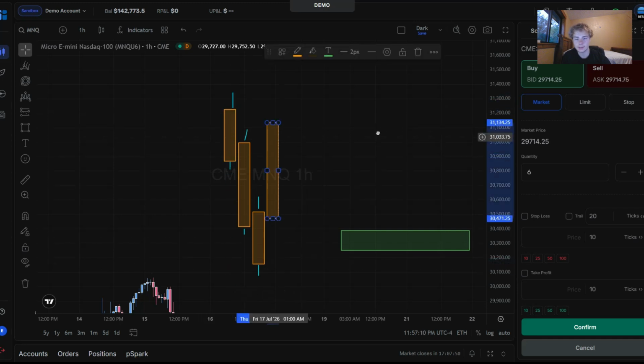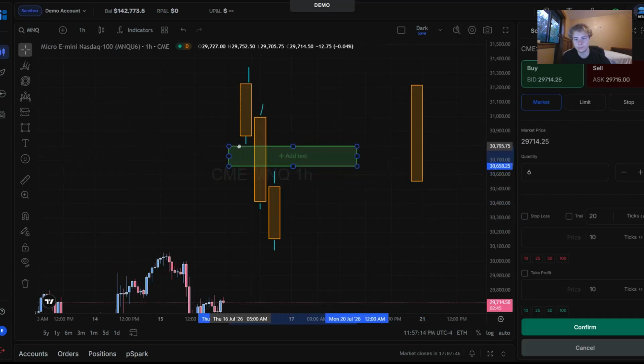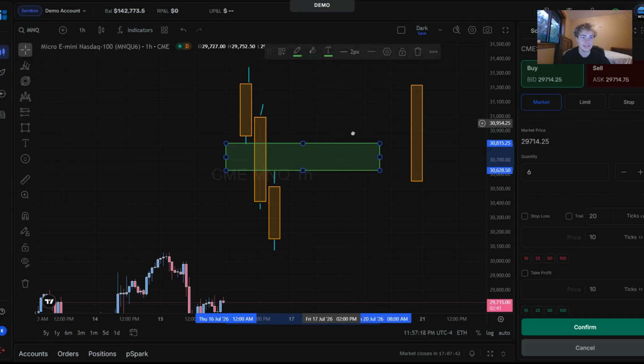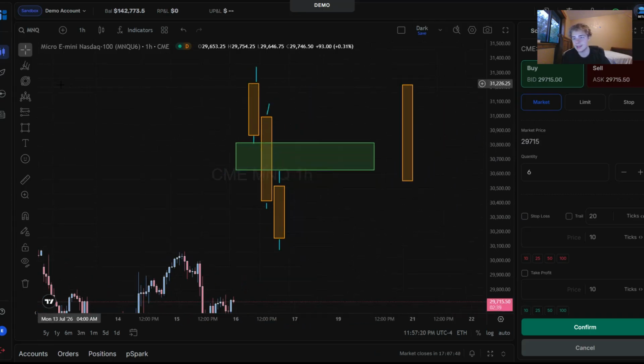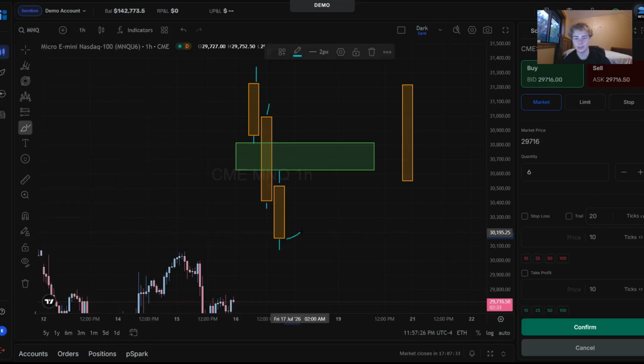We get that right here. This is a bearish fair value gap, which means it gapped down. And that's the same thing, but upside down. We'd expect it to come up if it interacts with it at all, respect it, and then continue bearish.